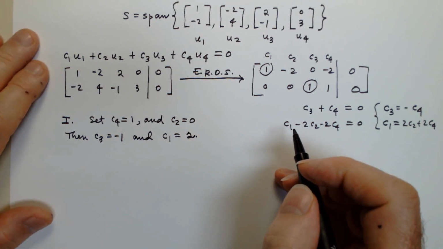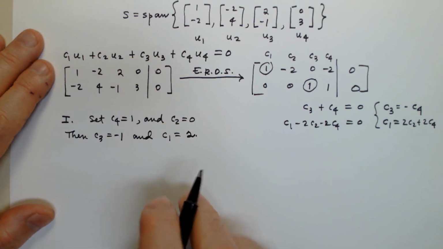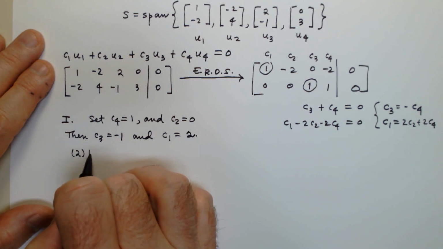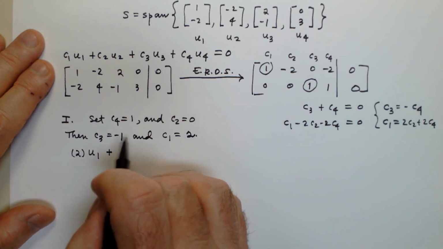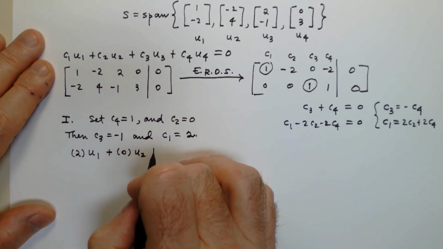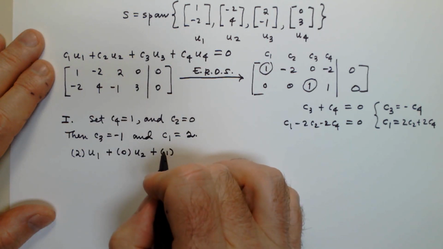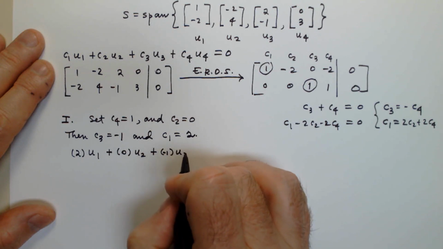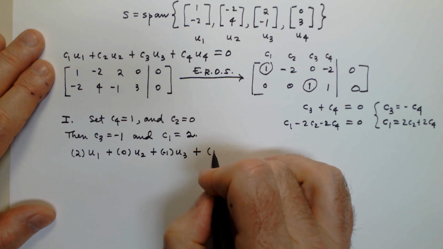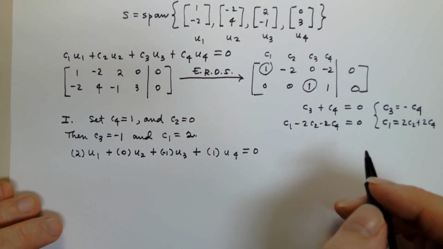Okay? Now, if we go back to our original equation, this is telling me that 2 times U1 plus 0 times U2 plus negative 1 times U3 plus 1 times U4 is equal to 0.